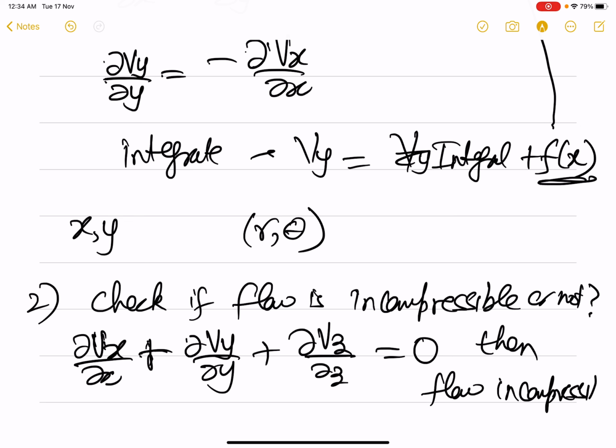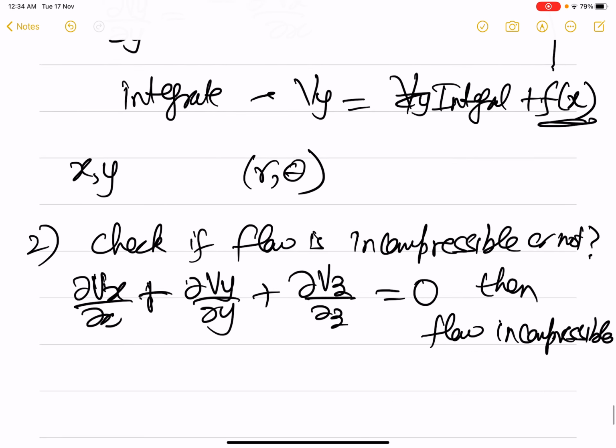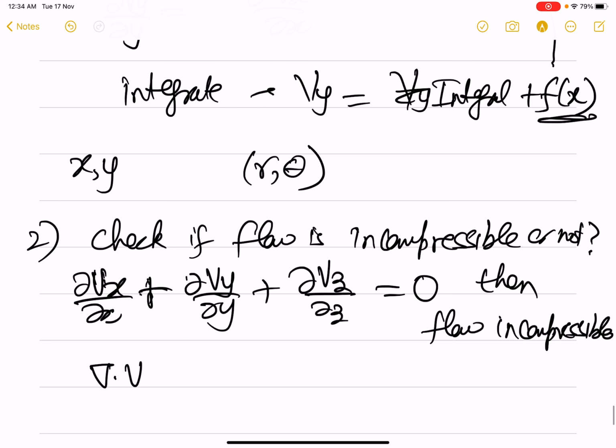So we are using it in a sort of a reverse argument. Earlier we said if flow is incompressible, then this is 0, but now we are using it the other way around. If del dot V is equal to 0, then treat flow as incompressible.